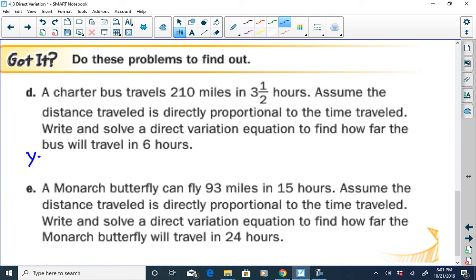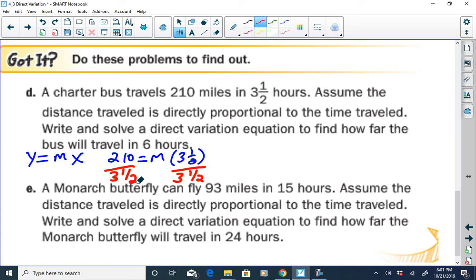Well, first we start with the direct variation equation, y is equal to m times x. Then we're going to replace y with 210 because y varies directly with x, and x is going to be 3.5. We want to solve that equation for m. So I'm going to divide both sides by 3.5.